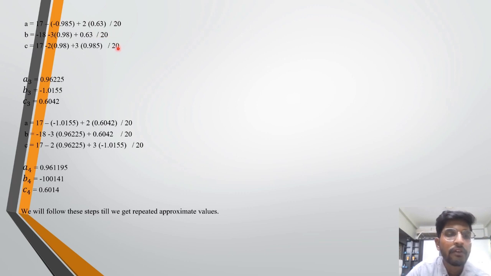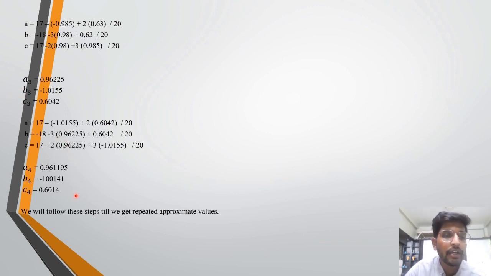Similarly, B and C have also been calculated. So the values are A3 equals minus 0.96225, B3 equals minus 1.0155, and C3 equals 0.6042. Now we calculate again the values of A4 using the equations and the values of A3, B3 and C3.